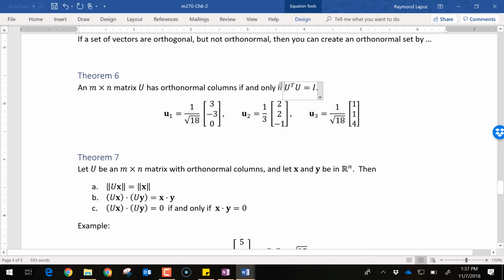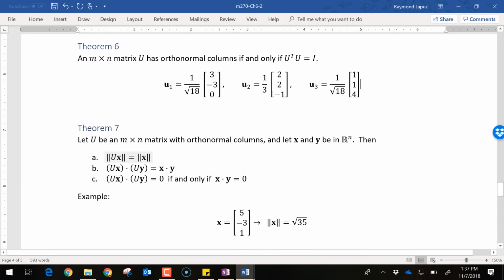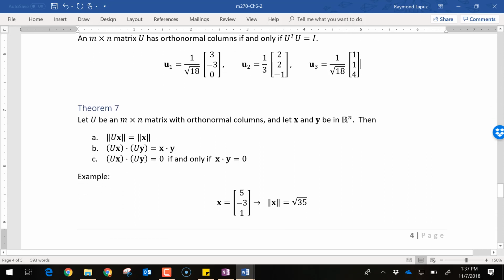And so this was an example that I don't know if I did in the video. And then the other part of this is that there's this other theorem that has more information about the matrix. So the second part here has information about the matrices, and you're just to verify a few things.